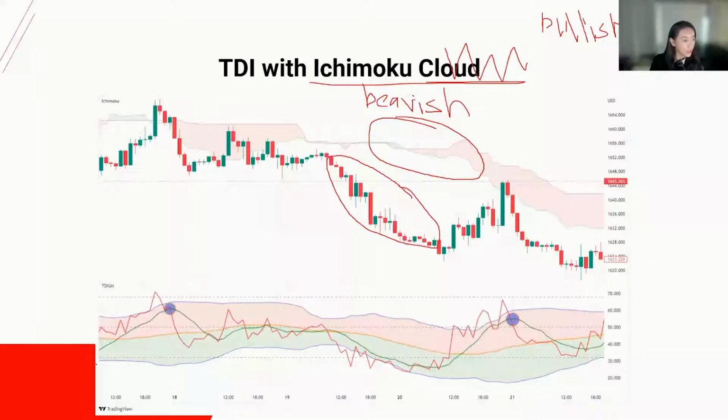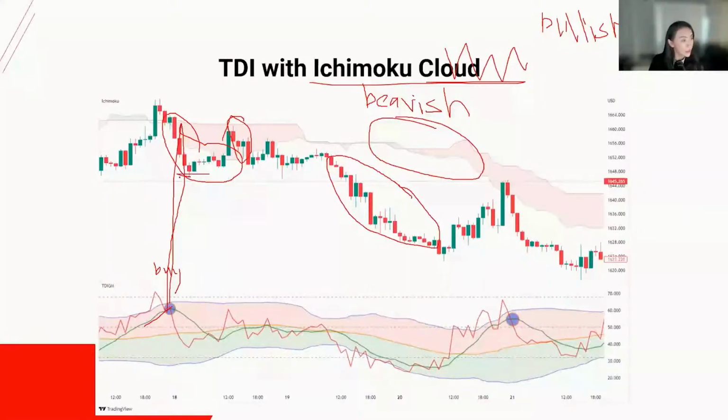Okay, so let's take a quick example. Maybe let's take a look at this one. The green line. Okay, even though the price now is below Ichimoku, and you can see some is within Ichimoku, if I really want to anticipate the market, or enter the trade, you can see here the green line is crossing the red line from below, giving us the indicator to buy.